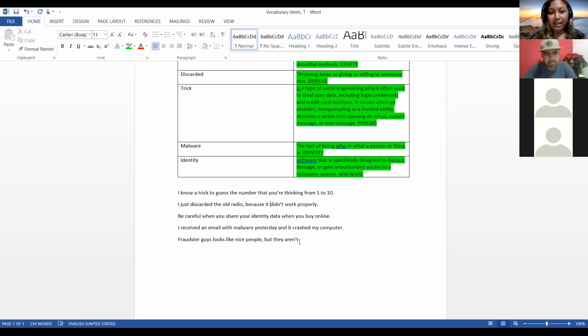So in this case, guys is not necessary. So we're going to pluralize the word fraudster because it's like saying father, mother. It's a term to refer to a person. So it's like saying los estafadores, fraudsters. Are we okay? Yes. Fraudsters look like nice people. Very good. Great examples.